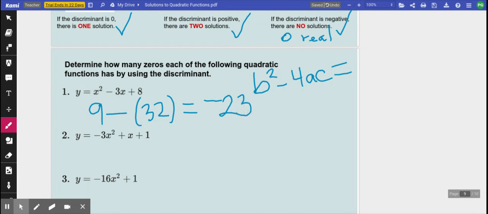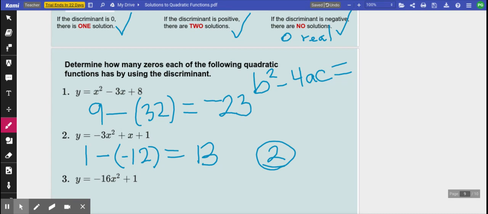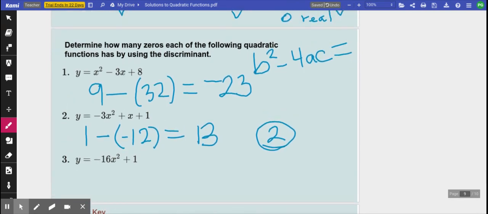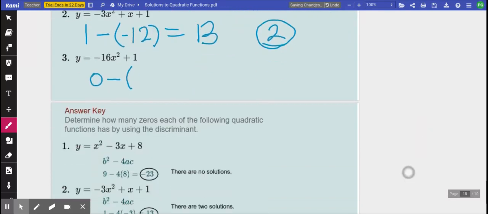For number 2, b squared minus 4 times negative 3 times 1. The discriminant here is a positive number, so there are 2 real solutions. For number 3, the opposite, b squared minus 4 times negative 16 times 1.